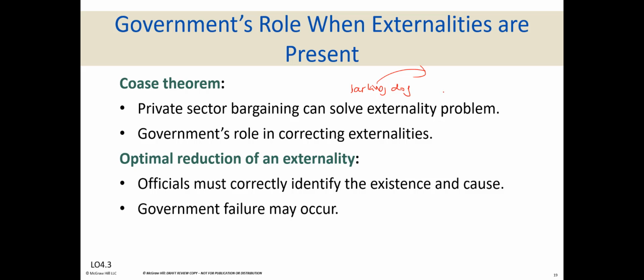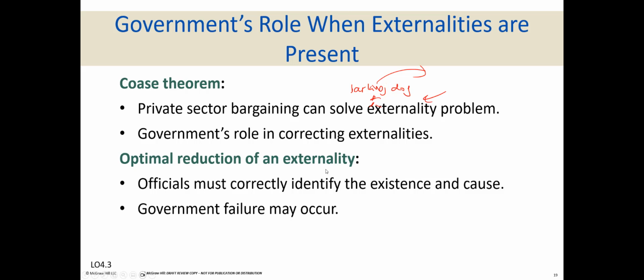You can actually pay the owner of the dog to get rid of the dog. You know, it's really hard, but this is the theory. Or the owner can pay you money so that you agree to sleep with a barking dog at night. So that is the Coase theorem.